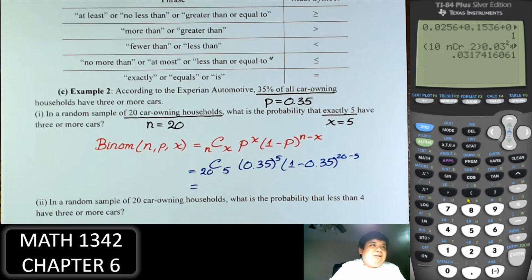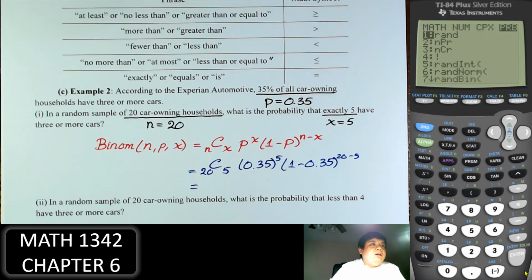Let's do that by hand first. So we're going to pick from 20.